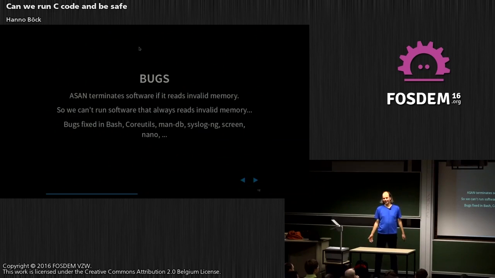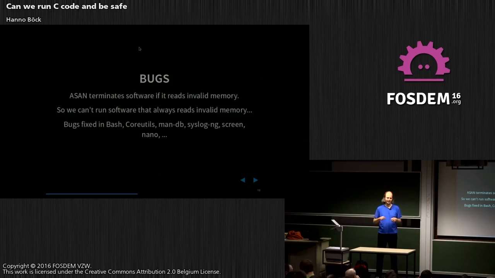And I reported a lot of these bugs. I've listed some tools here which are core features of most Linux distributions. So Bash was crashing all the time when you tried to do tab completion. Then I found a bug in Shred, which was interesting because it was random.